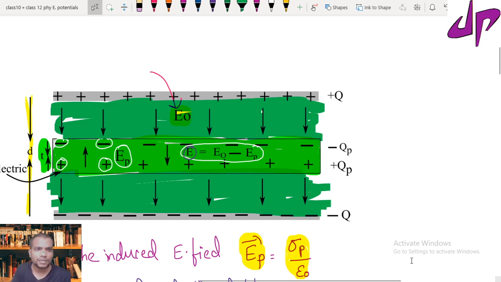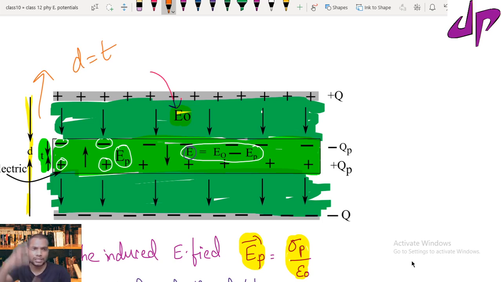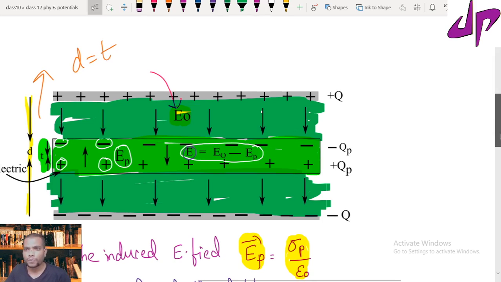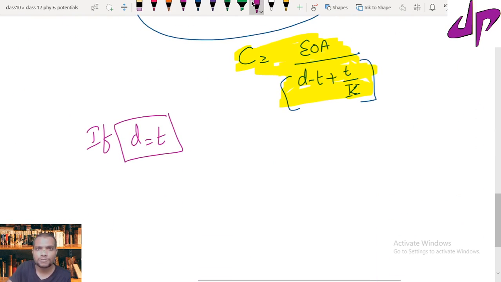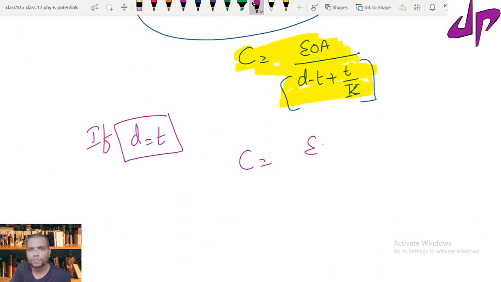In that case, with the entire space filled, from this expression I can change D equal to T. That T itself becomes the occupied space with the total capacitance. So in the denominator, epsilon naught A upon, I can replace D minus D plus D by kappa.